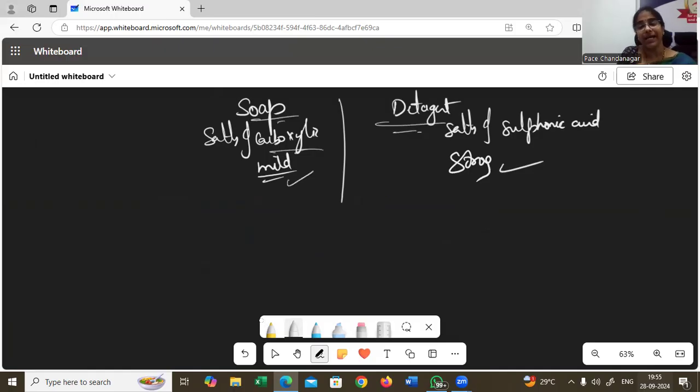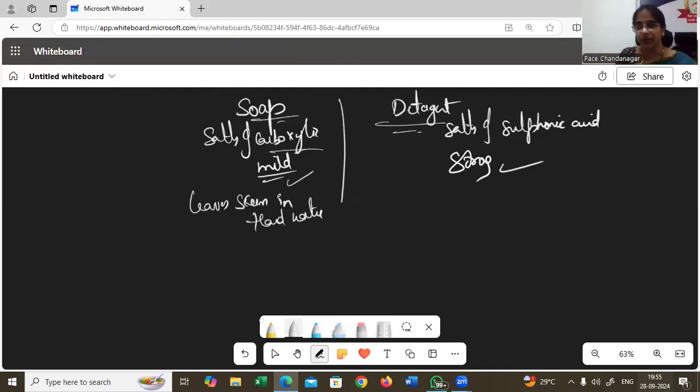Now, how do you differentiate which is soap and which is detergent? Say you're given two buckets, one of hard water and one of soft water. Soap, what does it do? Soap leaves scum in hard water. What is that scum? You see the white traces on your drains as you use soap with hard water.